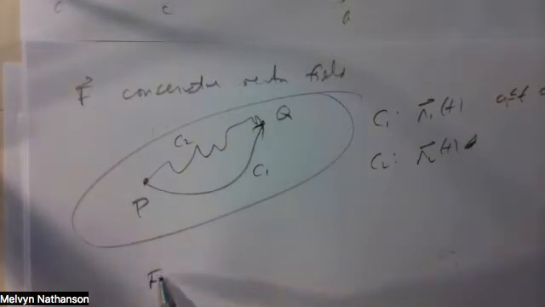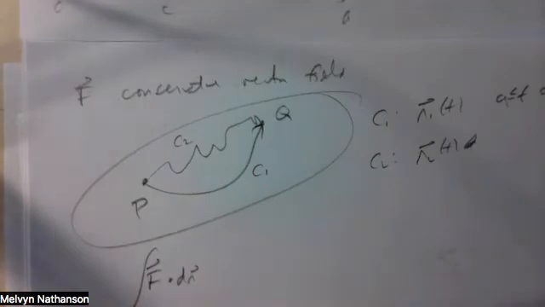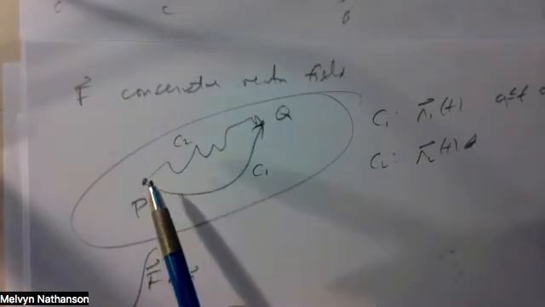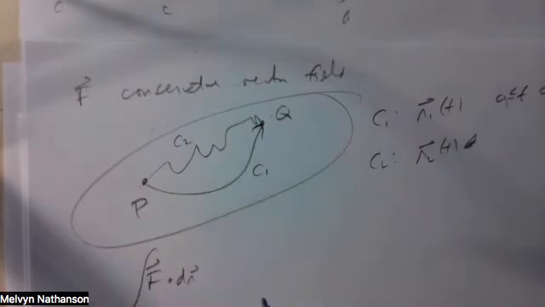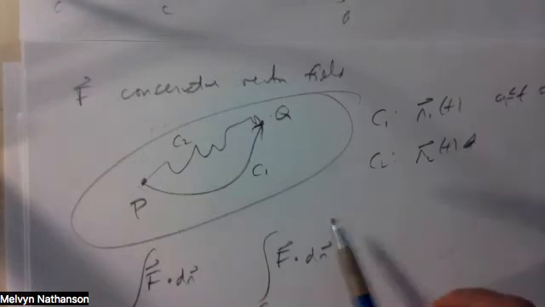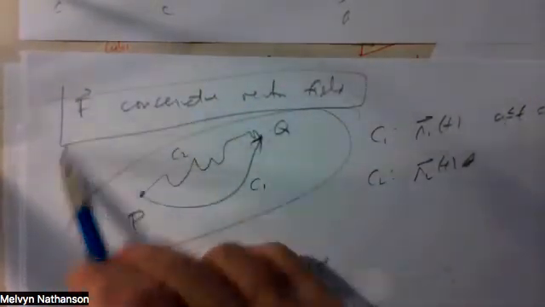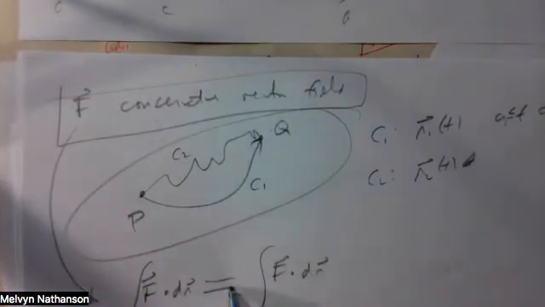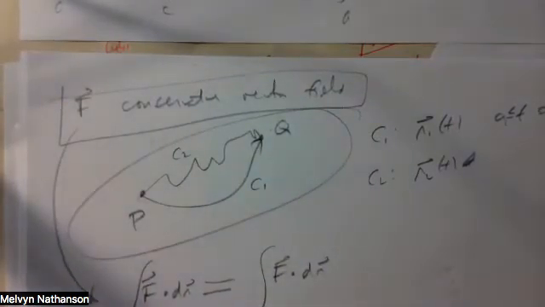So you could take your vector field and integrate it along the curve C1. So that's an integral along a curve that goes from P to Q. And we also could take the vector field F and integrate it along the second curve C2 from P to Q. And the important theorem, in fact, it's a complete description of conservative vector fields: if you have a conservative vector field, then these two integrals are always equal.